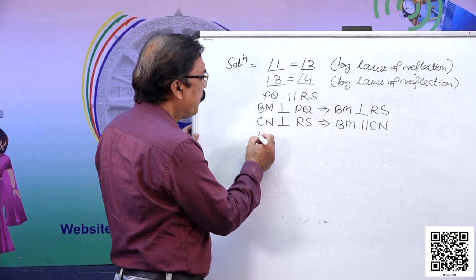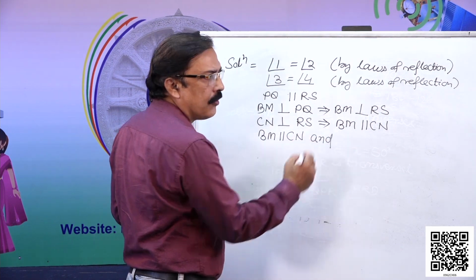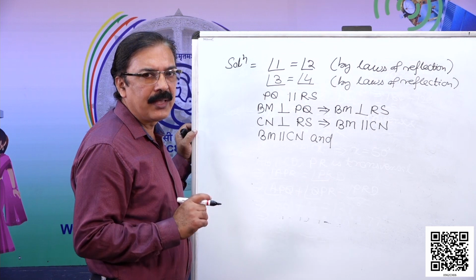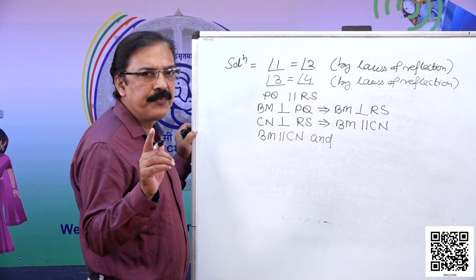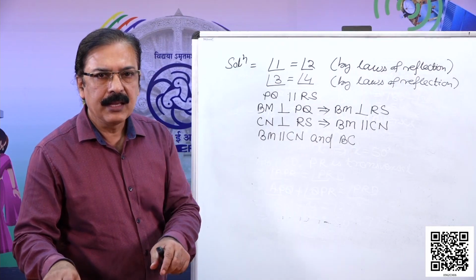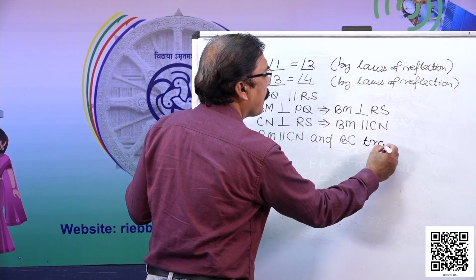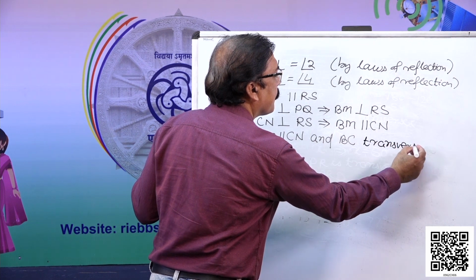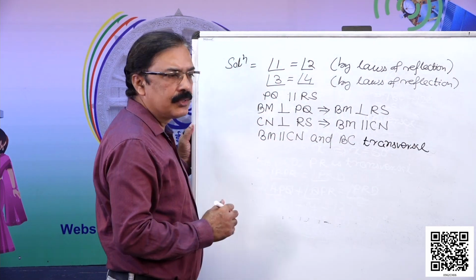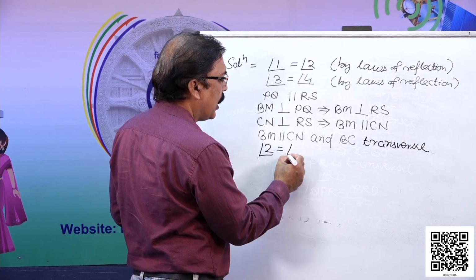Now taking BM parallel to CN, what is the transversal? Look at the figure. The transversal of BM and CN is BC. If BC is the transversal, this shows that angle 2 is equal to angle 3.